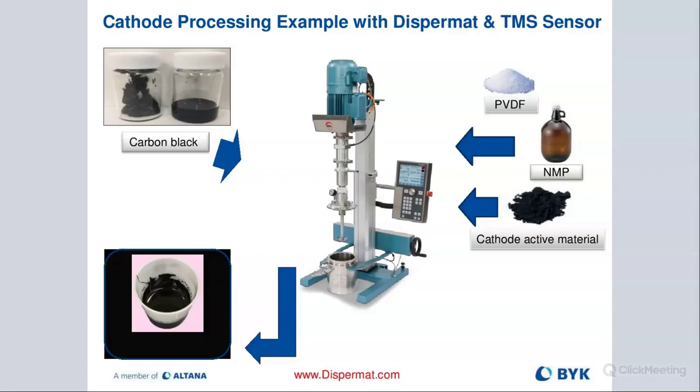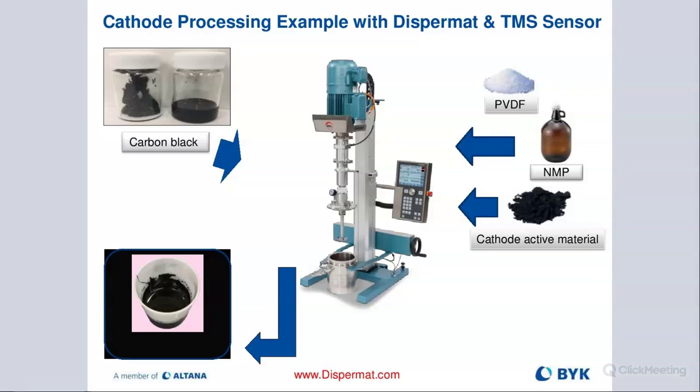Some people actually have a separate port that they use to flush it with argon or nitrogen gas, so any inert gas, during the dispersion process. And then here are the different raw materials we're putting in: the PVDF, the NMP, and then of course the active material and carbon black that are being added to then disperse the material.